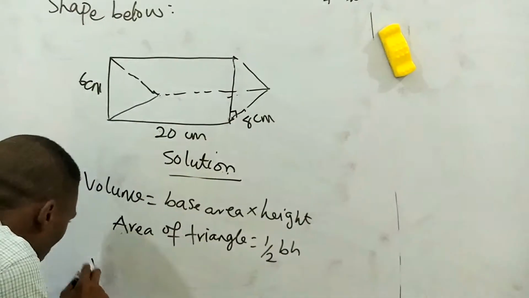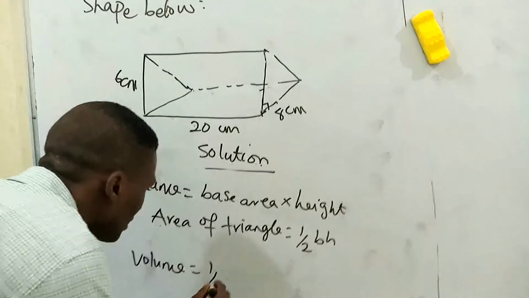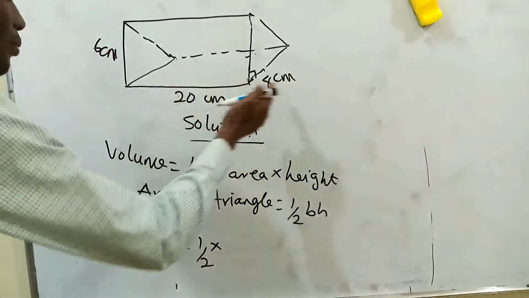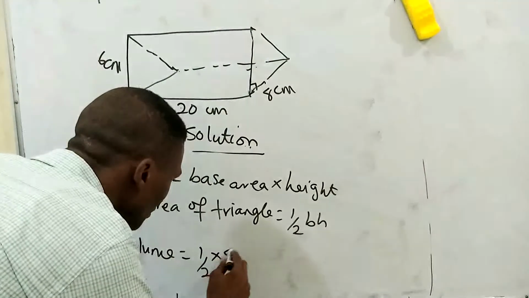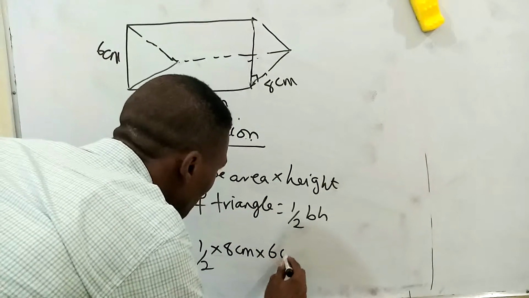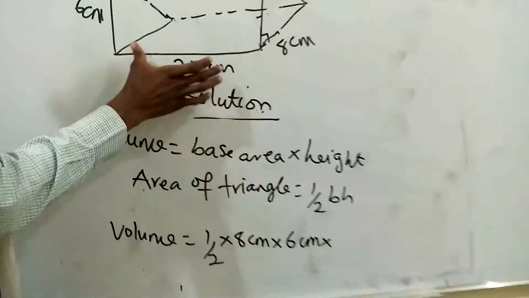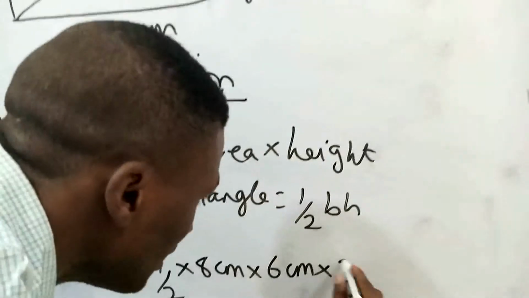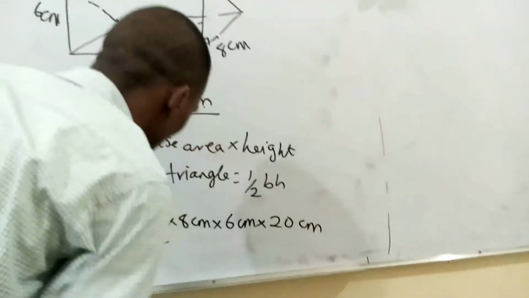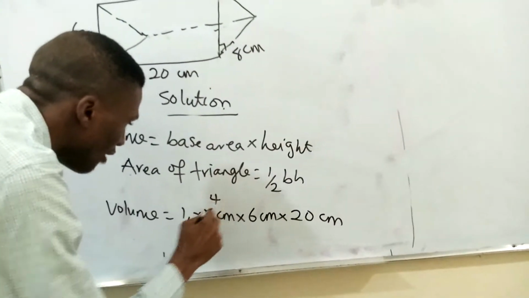So we say volume is equal to half base times height. That's half times our base, 8 cm, times our height, 6 cm, times the general height of the prism, 20 cm. So we cancel out: 2 into itself is 1, into 8 we have 4.